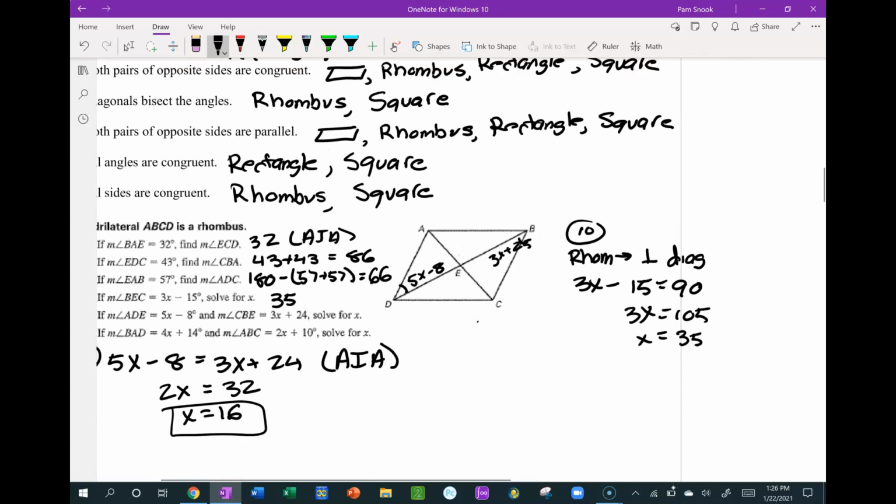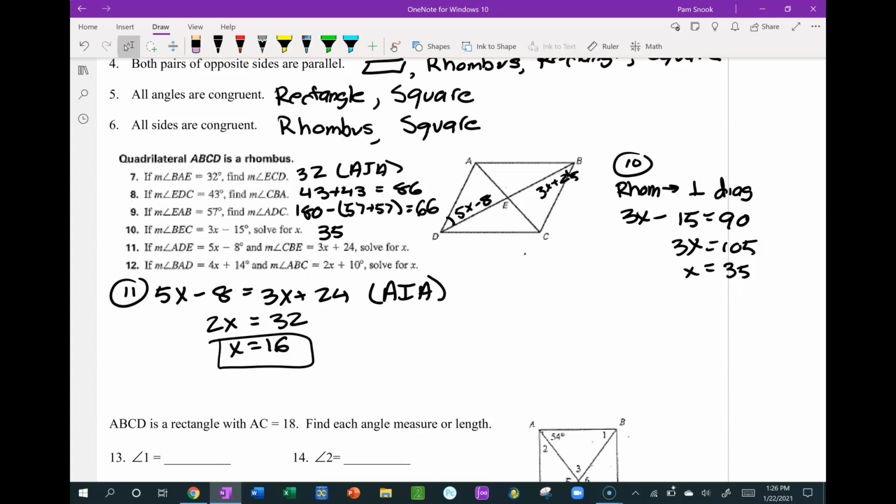And then number 12. So number 12, we have measure of angle BAD. So that's this one here, is 4x plus 14. And measure of angle ABC, that's that one over there, is 2x plus 10. We're going to solve for x. Well, guess what? Those are consecutive angles.